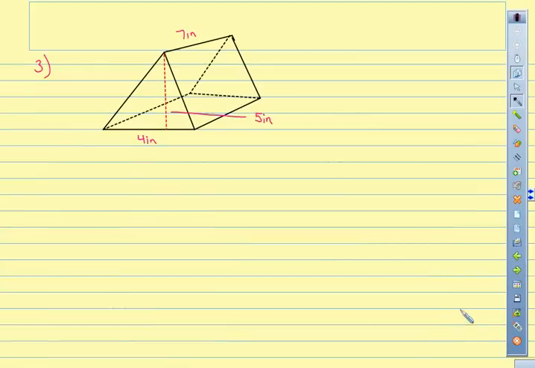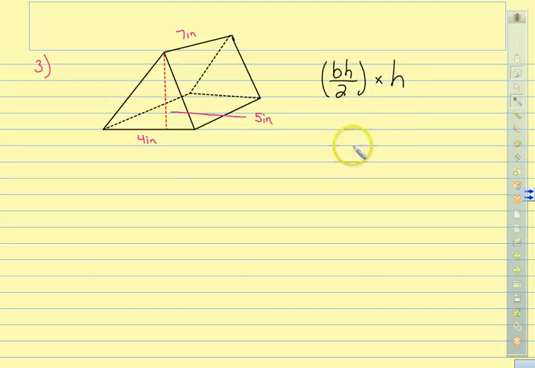Now go ahead and solve this using our formula, and I'll give you that formula since we are looking at the area of our base, which is a triangle. Base times height divided by 2 times the height of the actual prism. So go ahead and solve that.